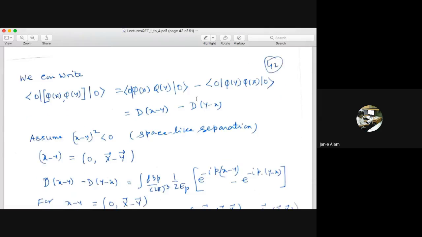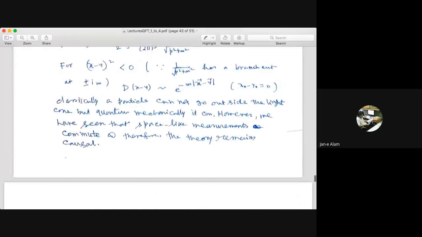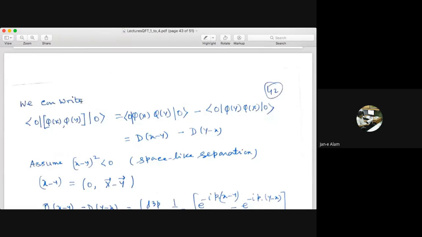You see, what I can calculate here is the commutator of phi x and phi y. Why am I calculating the commutator? Because this term will give me the propagator for y to x, and this will give me the propagator for x to y.